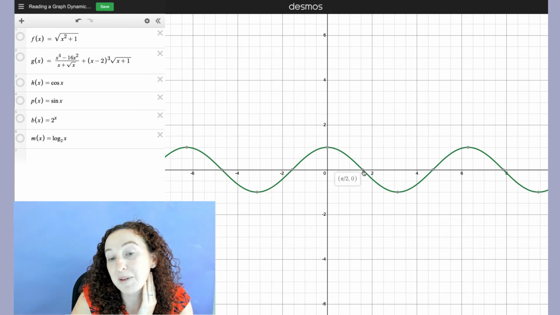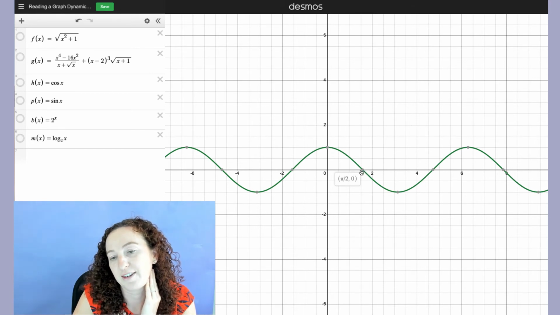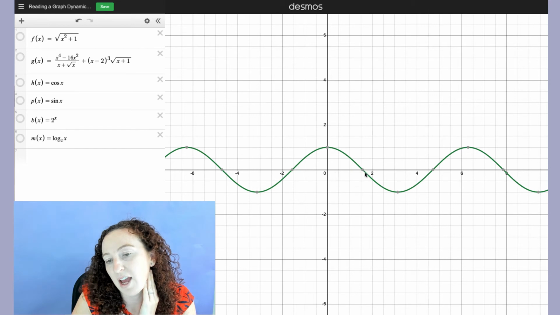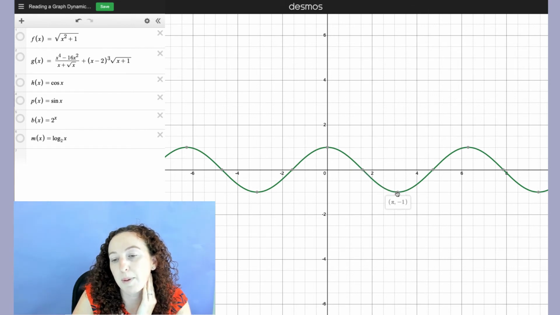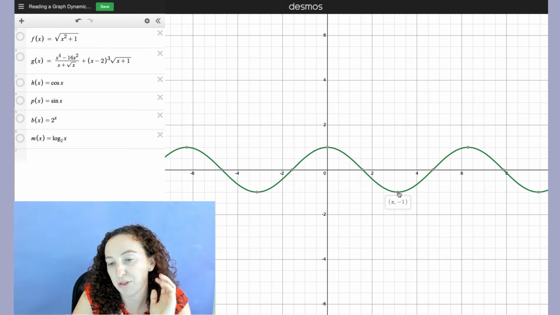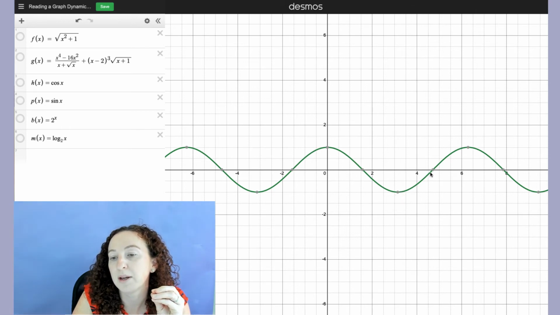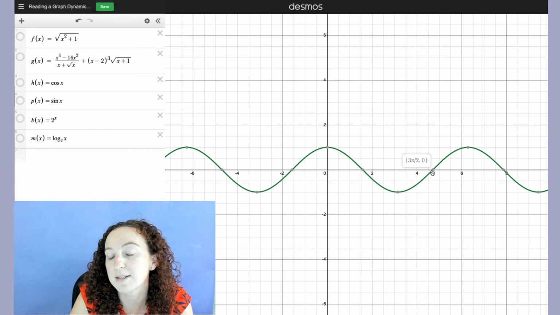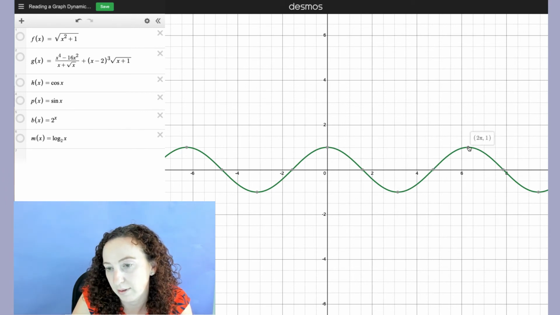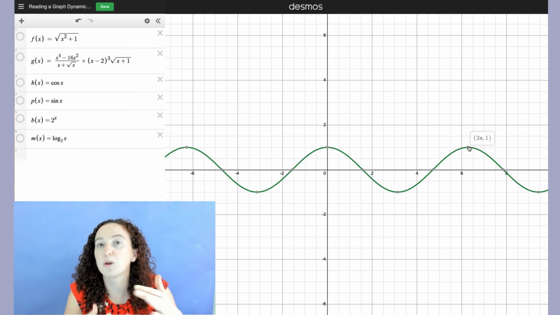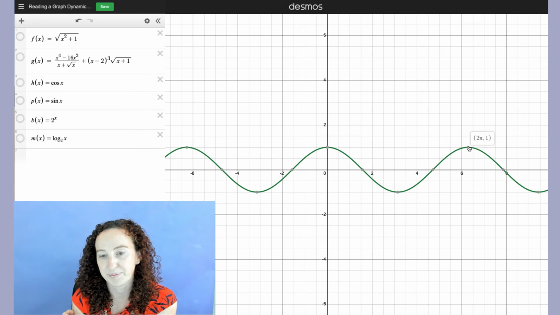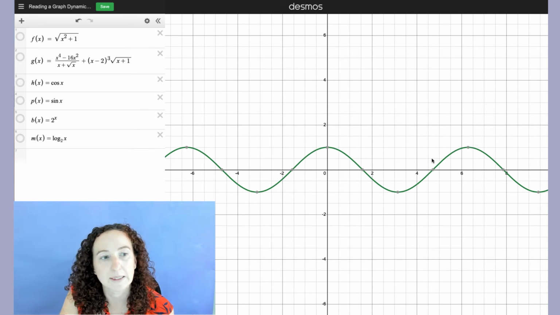This is the steepest part of our graph, our inflection point, and then it becomes less steep until we get to this local minimum. And then the graph starts to become more steep, hits the steepest point, and then becomes less steep. And this repeats itself because when you have a function repeating itself, the dynamics repeat themselves. How it's changing repeats itself.